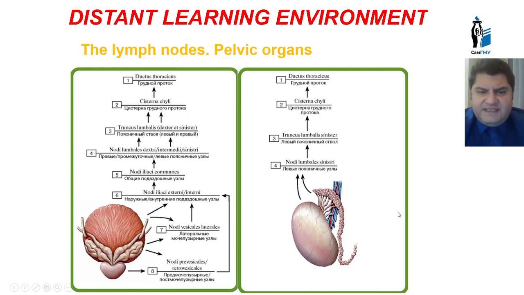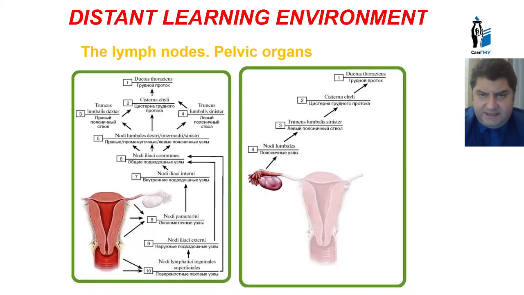From the testes, or orchis, it passes to lumbar nodes. Next lymph passes to the lumbar trunk and to the thoracic duct.